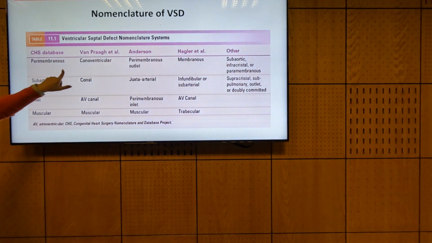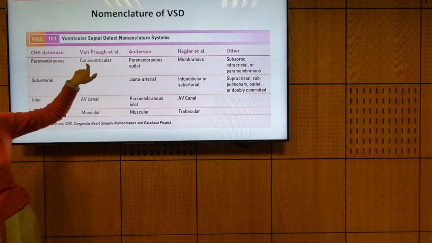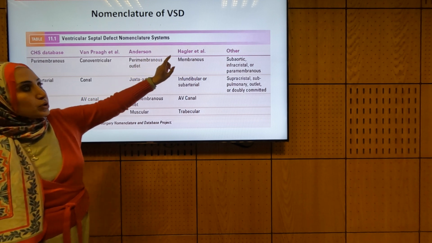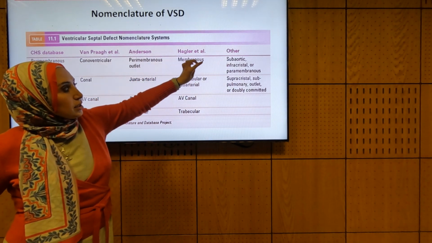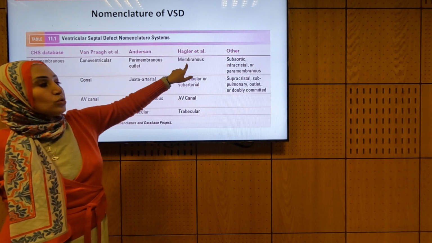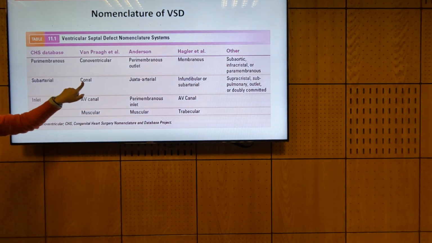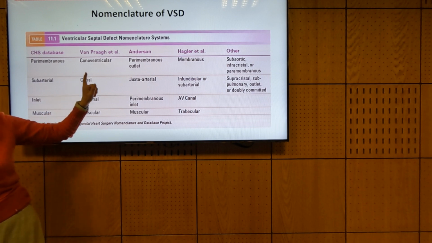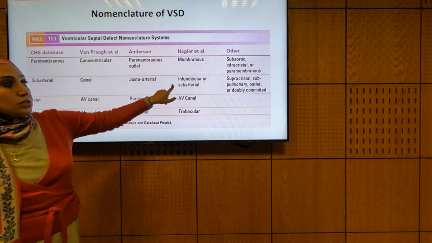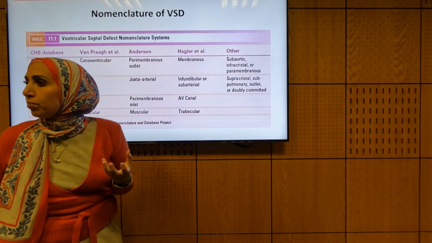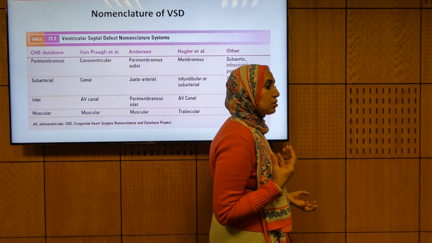Van Praagh calls it conoventricular VSD, Anderson calls it perimembranous outlet VSD, others call it subaortic, infracristal, and paramembranous, and Hegler calls it membranous. Another example: Van Praagh calls it conal VSD, and others call it juxta-arterial, infundibular, subarterial, and supracristal. So actually, the nomenclature of VSD is a bit complicated because it differs.